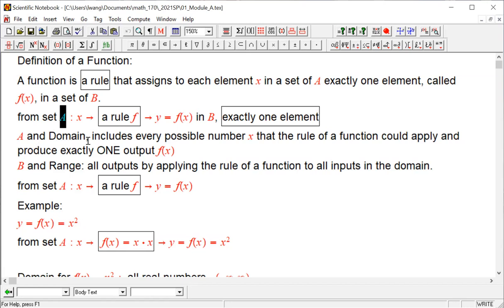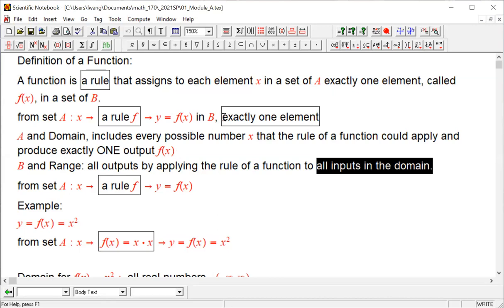We call it the domain. And B is all possible outputs by applying the rule of the function to all possible inputs in the domain. So the domain includes every possible number that the rule can apply to and produce exactly one output.